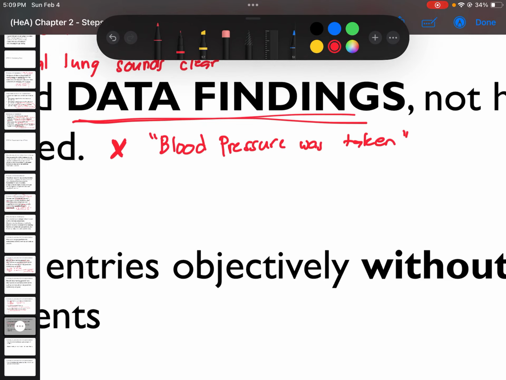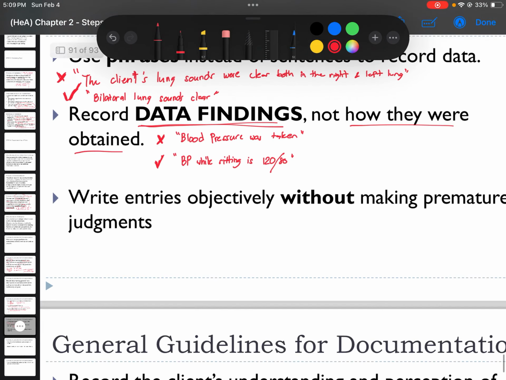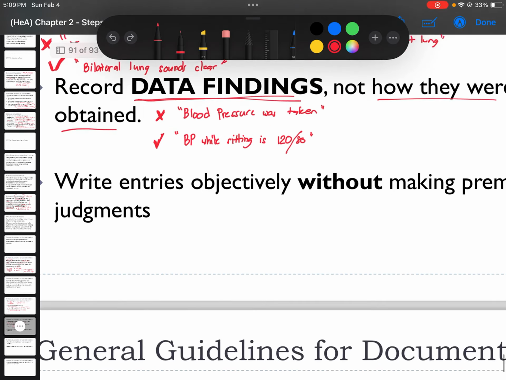What you are saying there is you just did the assessment. You just did the blood pressure monitoring. What we want is the result of your blood pressure monitoring. So instead of writing that, you should say that BP while sitting is, let's say for example, 120/80. Do not record how they were obtained. Instead, record your findings.